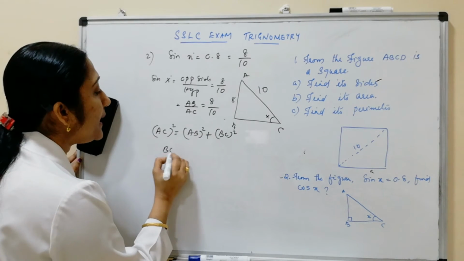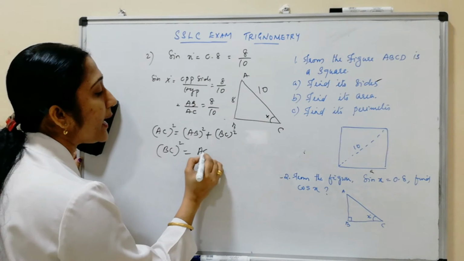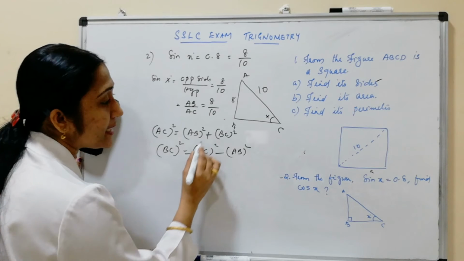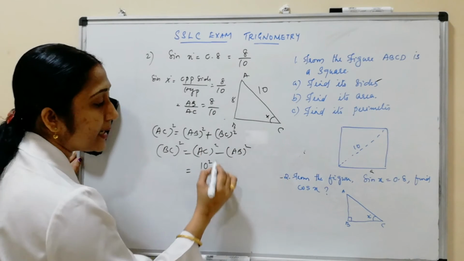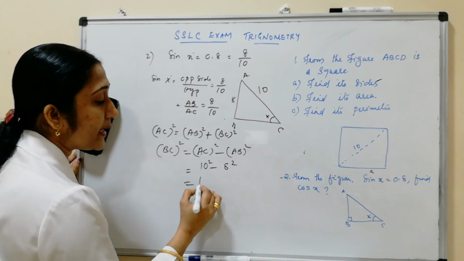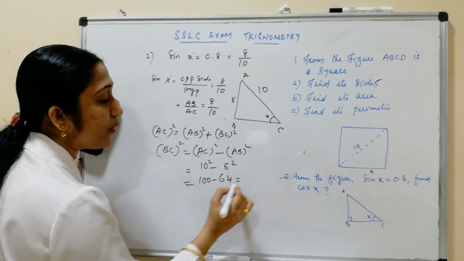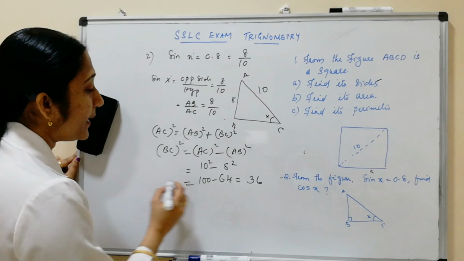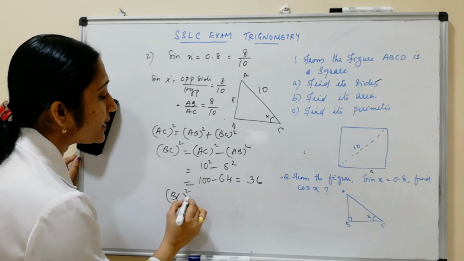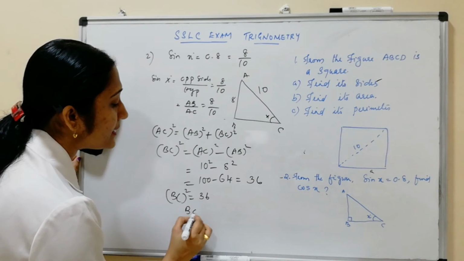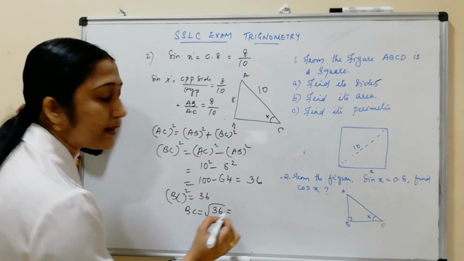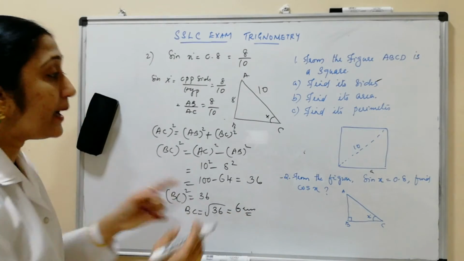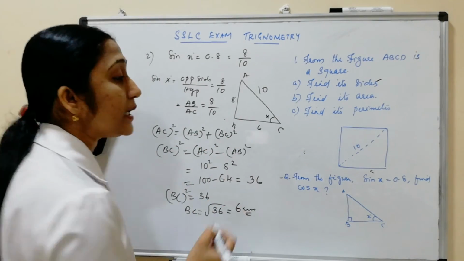That means BC whole square is equal to AC whole square minus AB square, that is 10 square minus 8 square, which is 100 minus 64, equal to 36. So BC whole square is 36 and BC is the square root of 36, which is 6 centimeter.